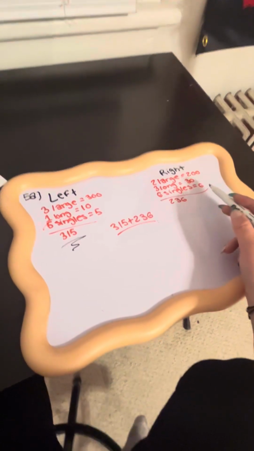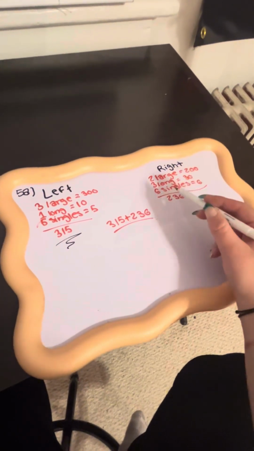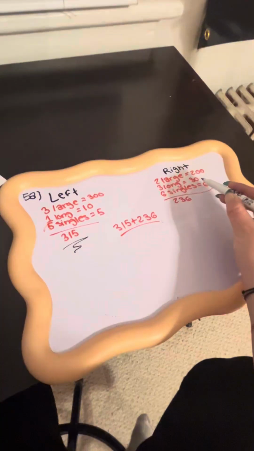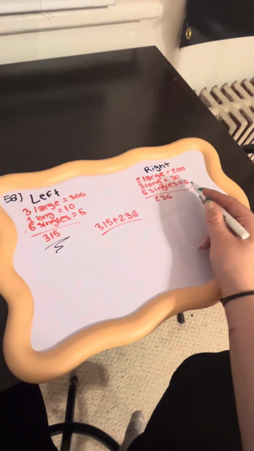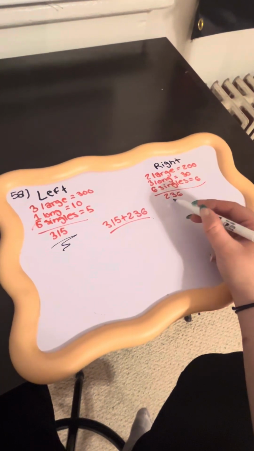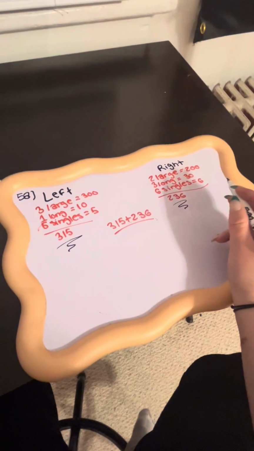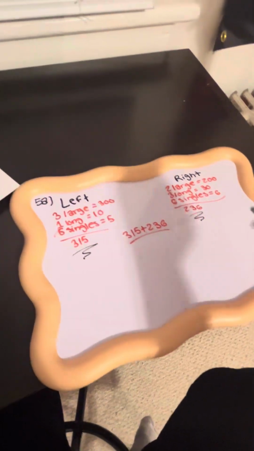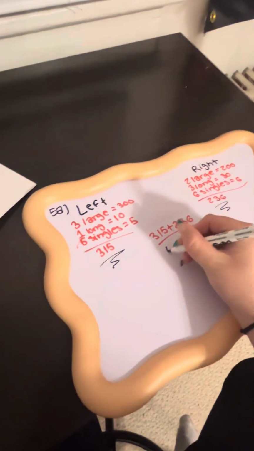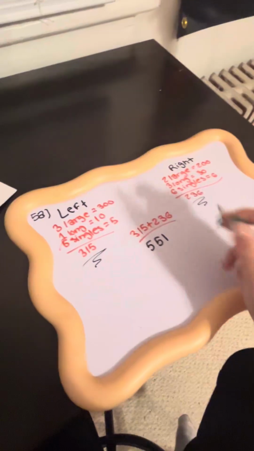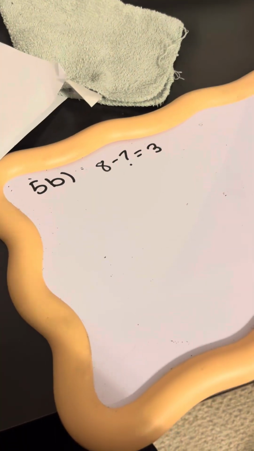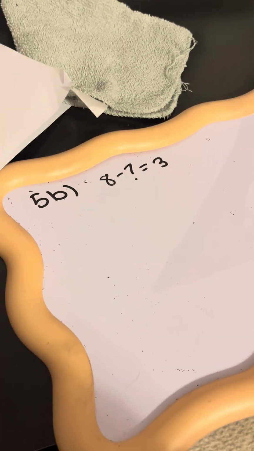On the right we have 2 large squares, which is 200, 3 long strips, which is 30, and 6 singles, so that would be 236. Our answer, we would add 315 to 236, and we would get 551 as the answer.